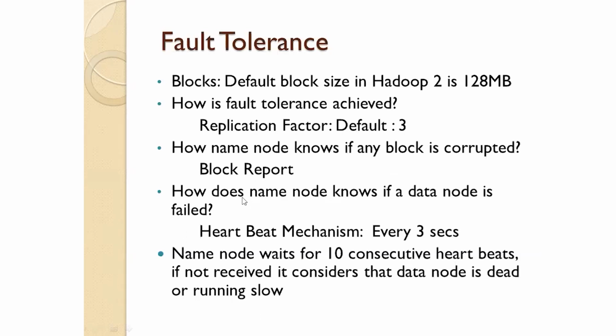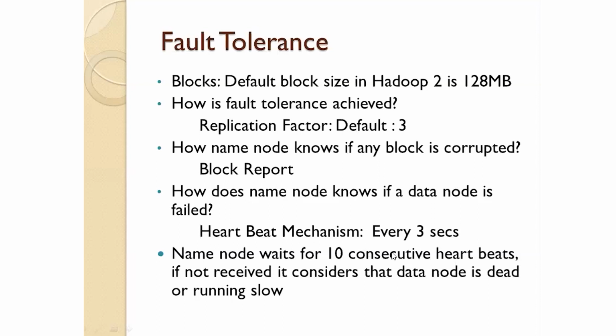So how does the name node know if the data node has failed? What if the data node itself is dead and down and not responding? So Hadoop follows a mechanism called the heartbeat mechanism, where every 3 seconds, each data node sends a heartbeat signal to the name node. If the name node stops receiving this heartbeat from any data node, it waits for 10 consecutive heartbeats.